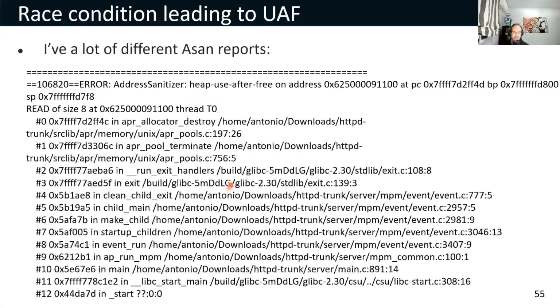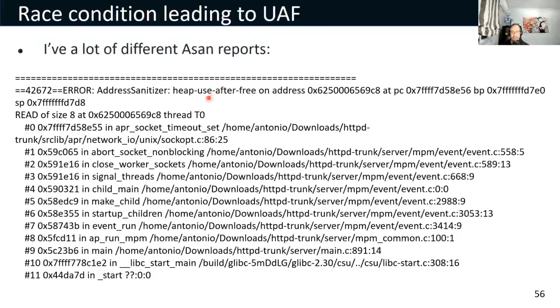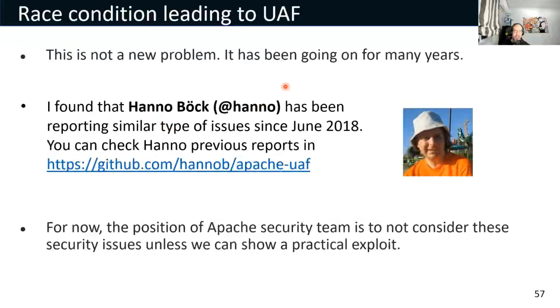These are some stack trace examples. In this case, we have a use-after-free. And here, a totally different stack trace related to the same problem. And the thing is that this is not a new problem. This is a problem that has been reported a few times in the last years. For example, I would like to mention Hanobok.